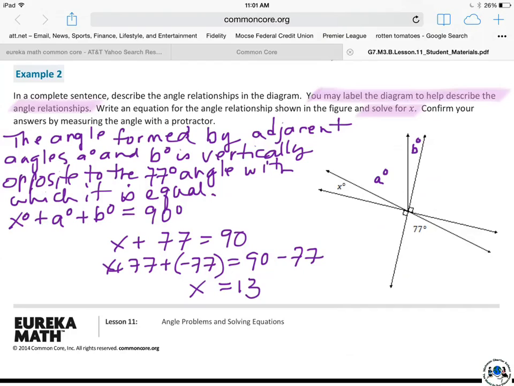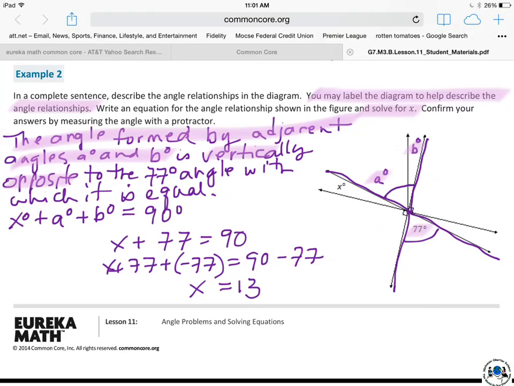So I said the angle formed by the adjacent angles a degrees and b degrees, which are these that I labeled myself, is vertically opposite to this angle here, which is labeled 77 degrees. So I know these two together are going to be 77 degrees.